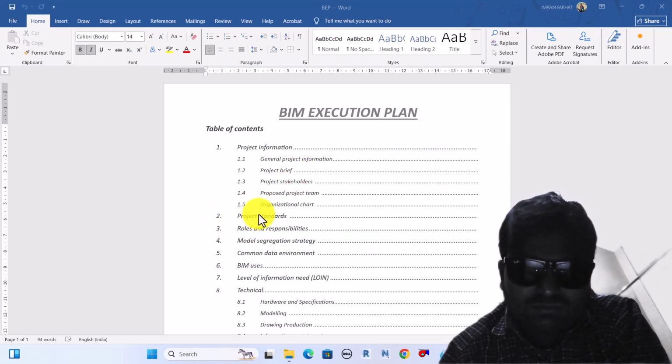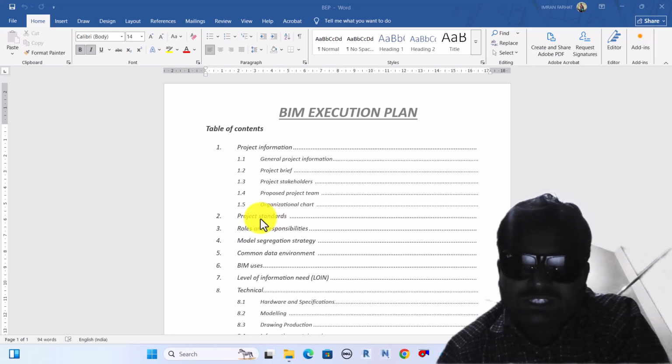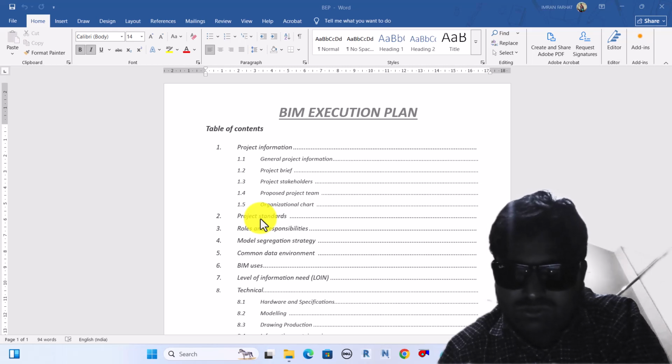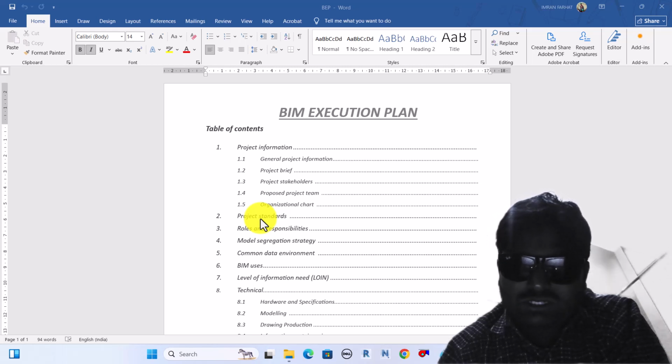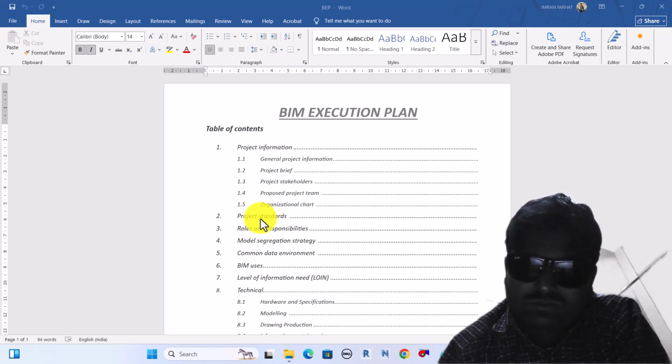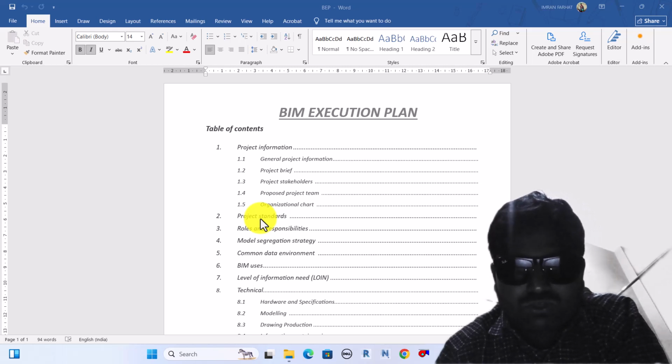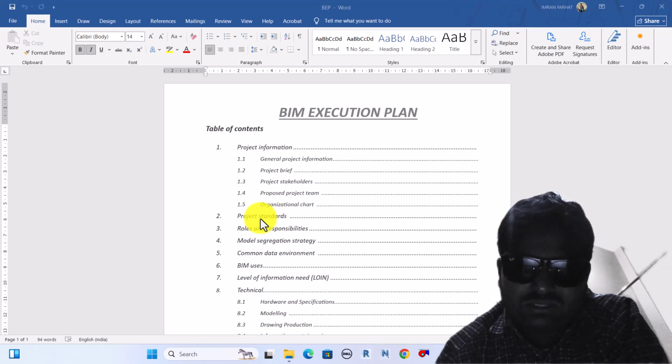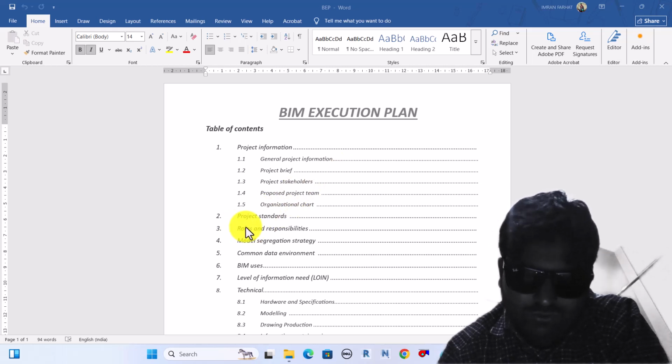The second is project standard, that is, which standard I have to follow, ISO 19650 or PAS 1192. ISO 19650 is followed in BEM.